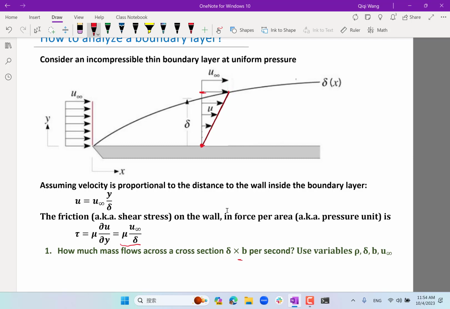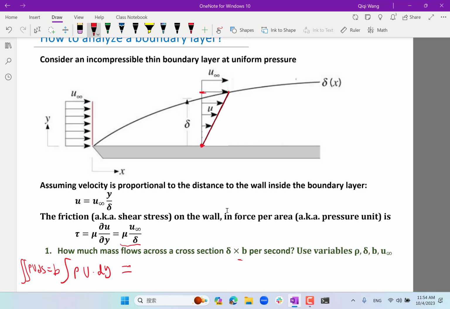Integral of rho times what? Velocity, right? And the area. The area in this case is dy times b, where b is the span direction. So that's an integral over the surface, the integral of rho u ds is equal to that.